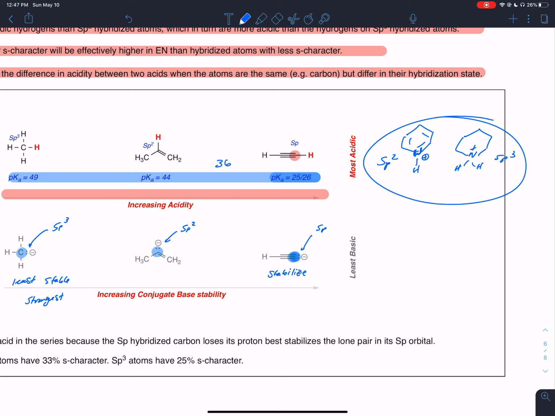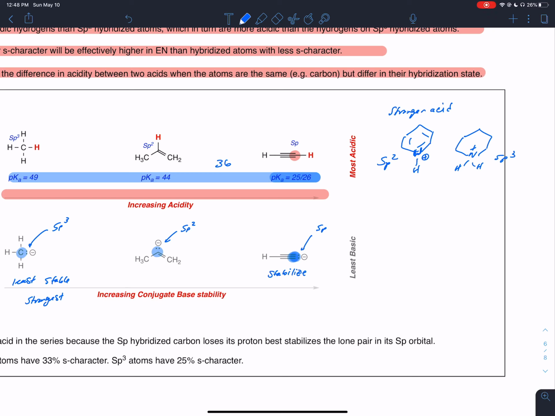And if we wanted to think about the relative acidity, well, we are looking at a nitrogen atom, right? So the atom is the same, but the hybridization state is different, and therefore the more acidic species is going to be the one that is the sp2 nitrogen. That is a stronger acid, okay?